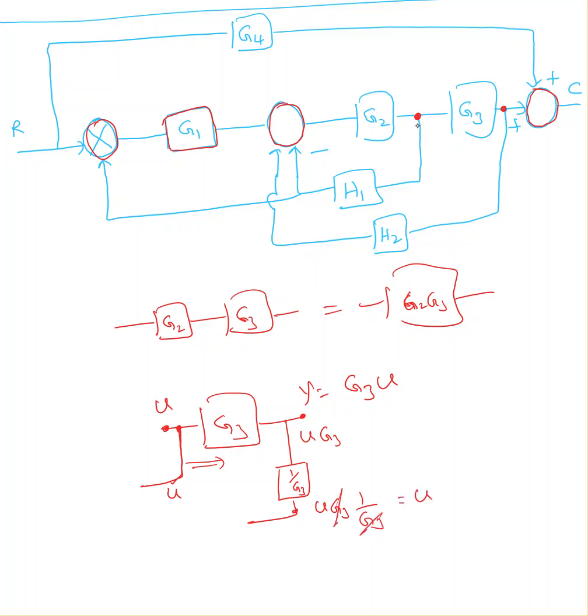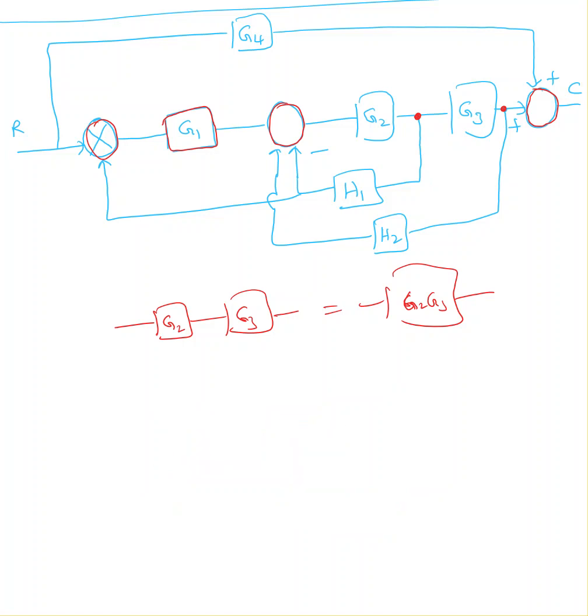So whenever I'm moving the takeoff point, I need to either multiply or divide by the block it is moving past. Let me erase this part. I'm going to draw only a partial diagram so you can see what I'm doing. I have Z2 there, now I move to Z3.